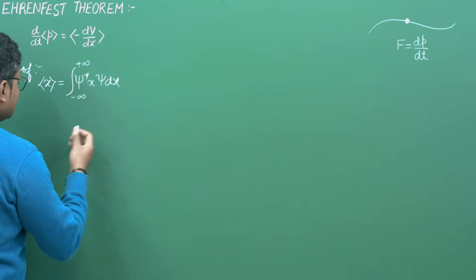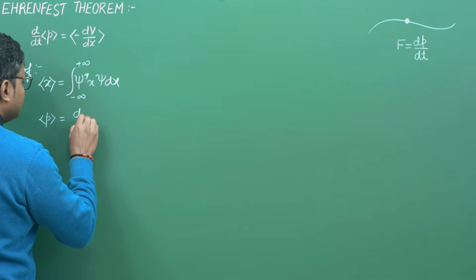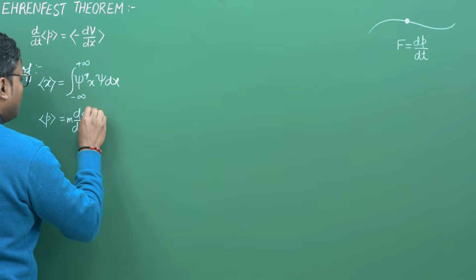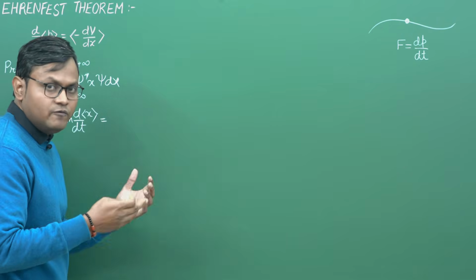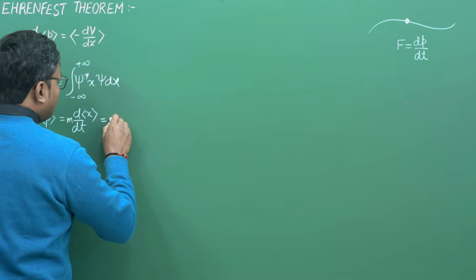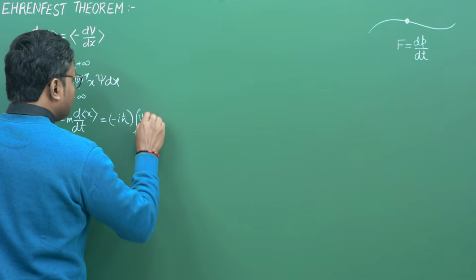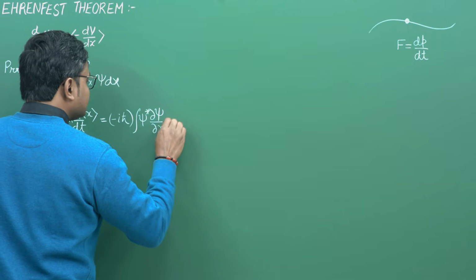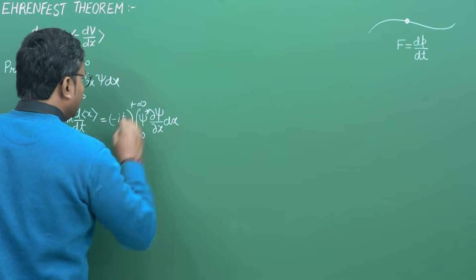And the expectation value of momentum is m times d by dt of the expectation value of x, which basically gives us, and I have given this proof in my previous lecture, minus iota h cut times the integration of psi star del psi upon del x dx, again between minus infinity and plus infinity.